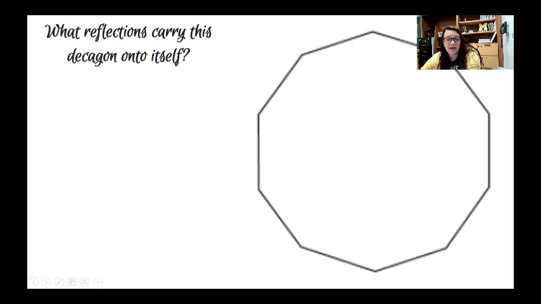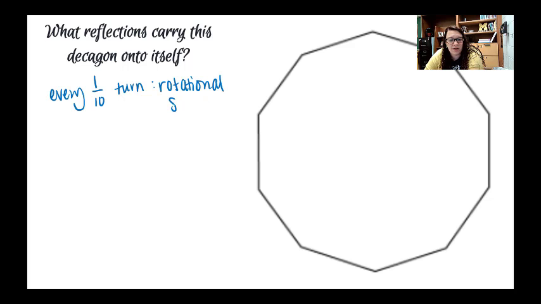On this one, the decagon has 10 sides. So I'm going to bet that if we turn it 1/10 of the way around, then the top little corner will be on the next corner, and so on and so forth. So every 1/10 turn is rotational symmetry.